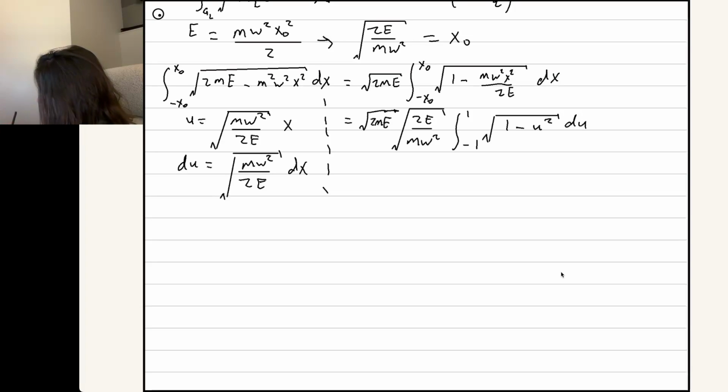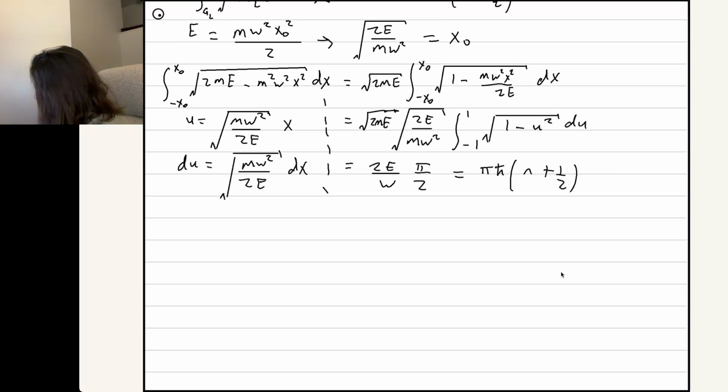And I think I've done this integral once before on this channel somewhere. But this simplifies to 2E over omega, and then that integral typically just gives you pi halves. So pi halves, and then we're going to set that equal to the pi h bar n plus a half stuff.